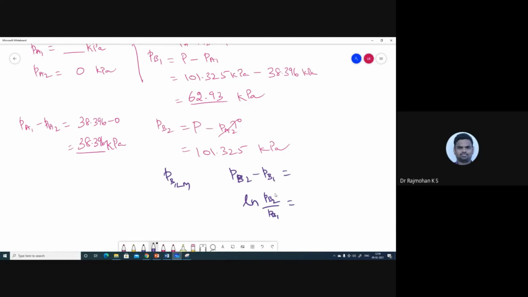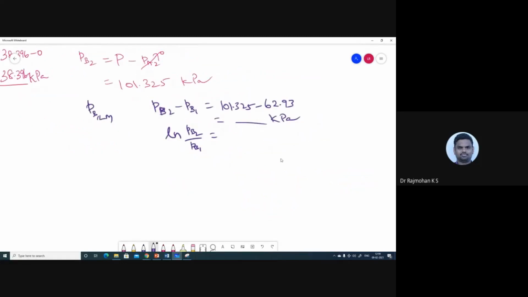So PB2 minus PB1 is 101.325 minus 62.93 kilopascal. And ln of PB2 by PB1 is ln of 101.325 divided by 62.93. So we can get PB logarithmic mean, nothing but the ratio of PB2 minus PB1 by ln of PB2 by PB1.